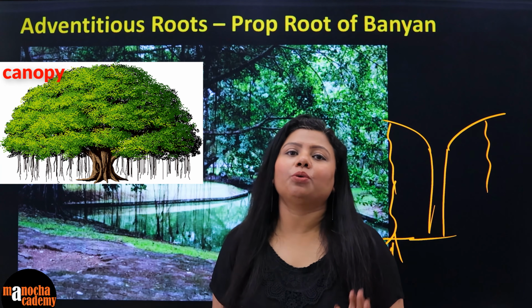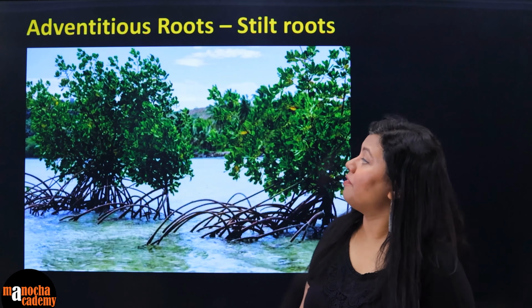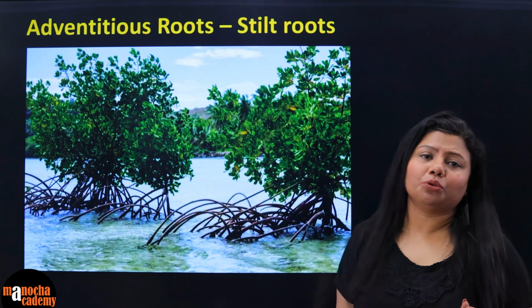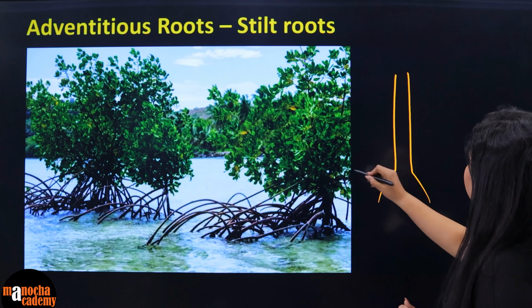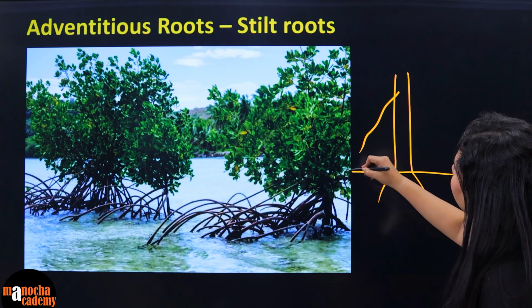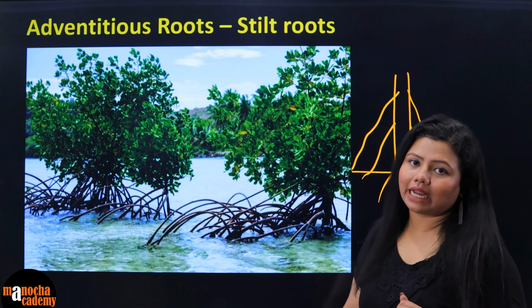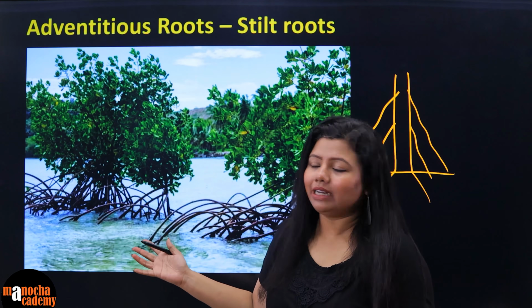Why? Because it is originating from the stem and not from the radicle. The next type of adventitious root we are going to talk about are these. These are known as stilt roots. Usually, again, they originate from a stem and grow vertically, obliquely, downwards, and support the entire plant. Where do we find them? You can understand this is a mangrove region.